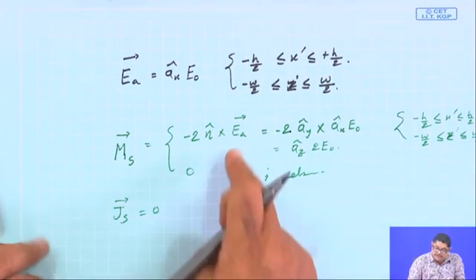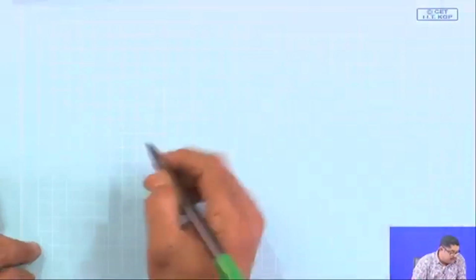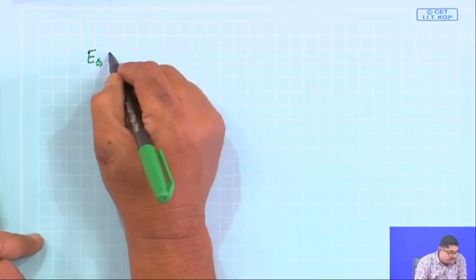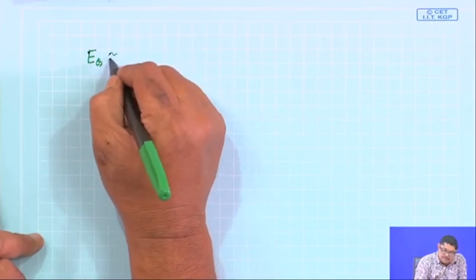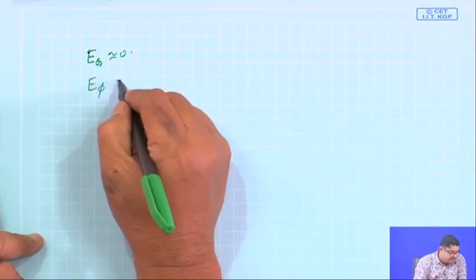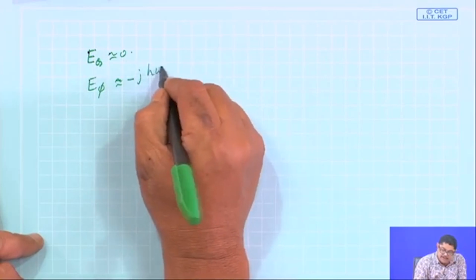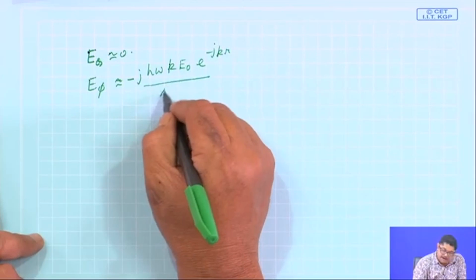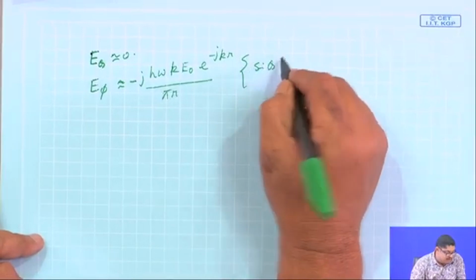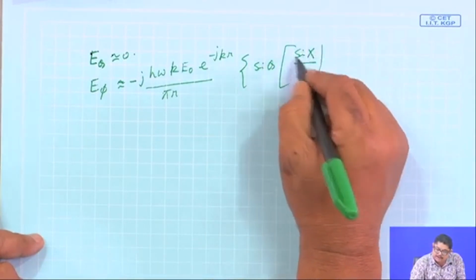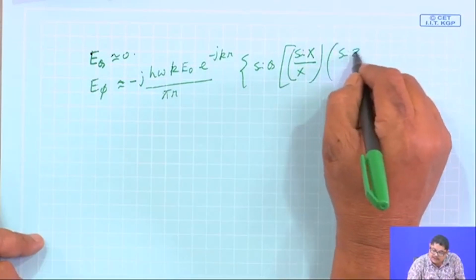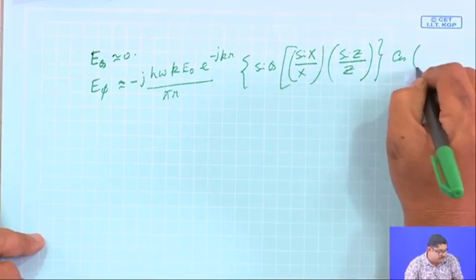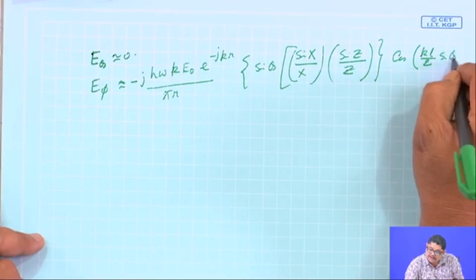Now you can apply the same procedure. The field can be written as: E_r and E_theta will be almost 0 and E phi will exist, that will be minus j h w k E naught e to the power minus j k r by pi r, then sin theta, sin X by X, sin Z by Z. Then the array factor will be cos of k l by 2 sin theta sin phi.